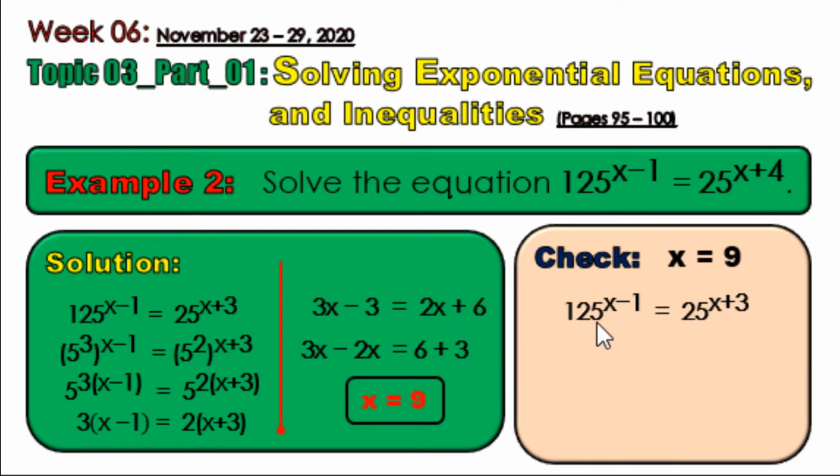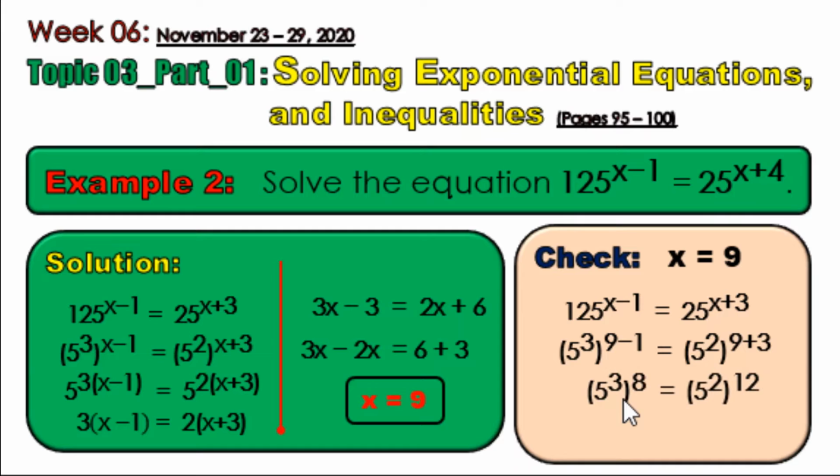So this is the original exponential equation. Substitute 9 to x. Okay, so we have 125 can be expressed as 5 cubed, and 25 can be expressed as 5 squared. So 9 minus 1 is 8. 9 plus 3 is 12.